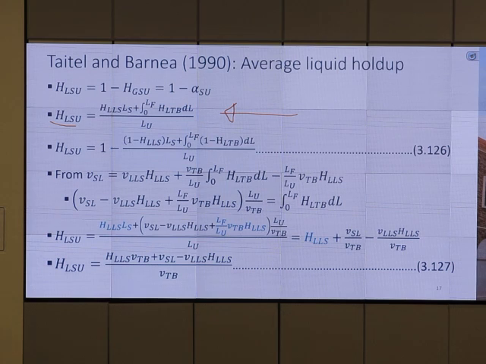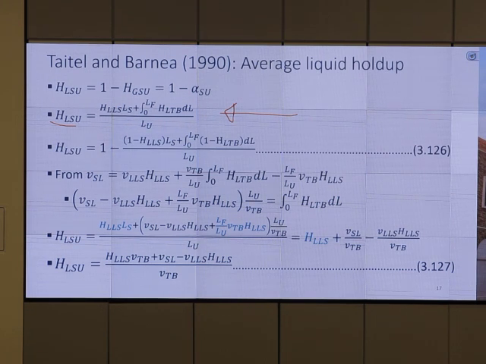Okay, holdup multiplied by length, average holdup of the slug unit multiplied by the length, gives you some kind of volume. Holdup multiplied by length equals holdup in the slug body multiplied by length plus holdup in the film zone multiplied by the length of the film. So, does it make sense?